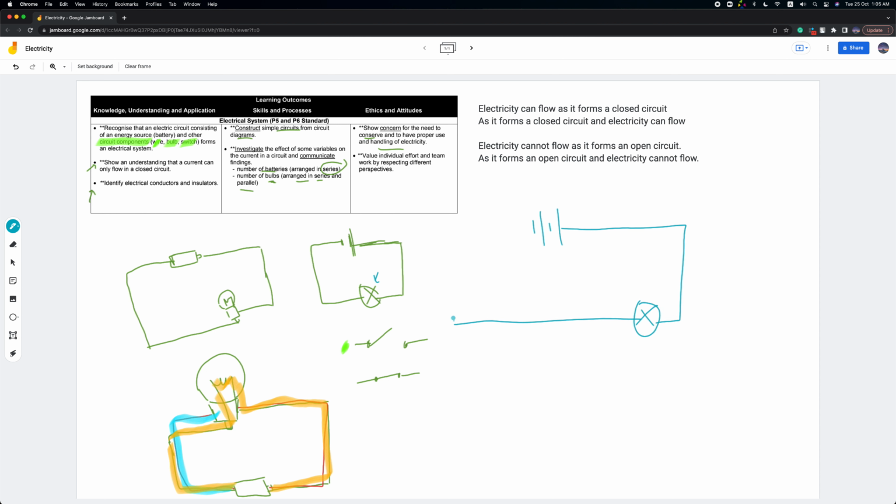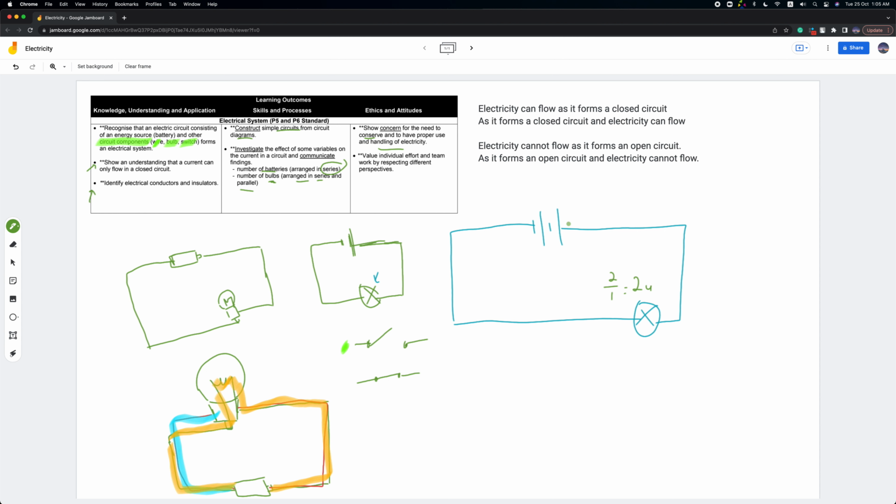Now we'll learn how to calculate the unit of electricity that passes to the light bulb. We have 2 batteries sharing with 1 light bulb here. That gives 2 units. 2 over 1 is 2 units. So 2 units of electricity pass through this light bulb.